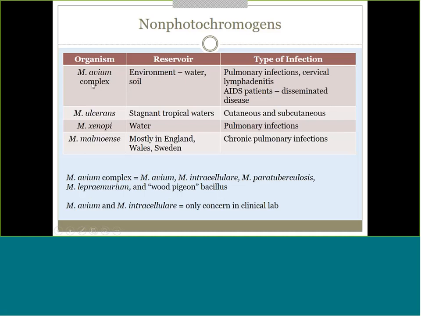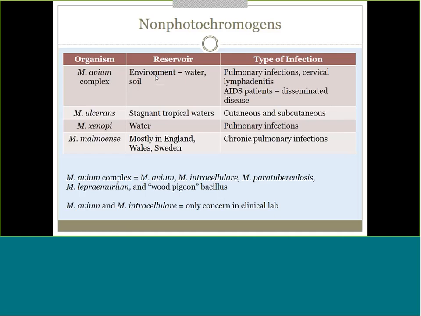So these are highly infectious for, again, immunosuppressed people like AIDS patients. So they cause havoc on these AIDS patients. They will result in a fully disseminated disease. They might start as a pulmonary infection and then work their way into other organs coming from water and soil. So definitely make note of Mycobacterium avium. Those are very clinically important ones.